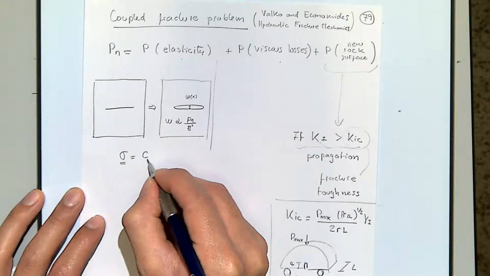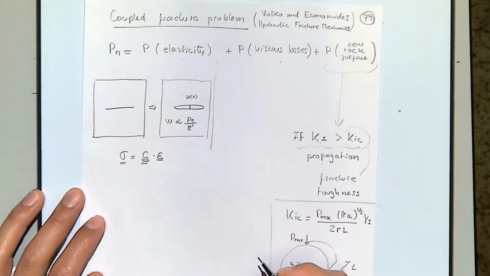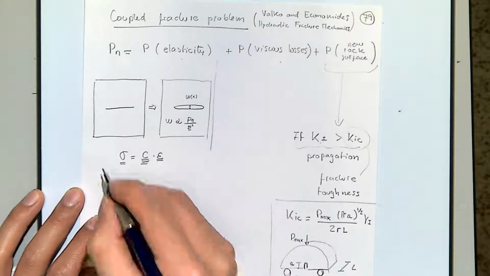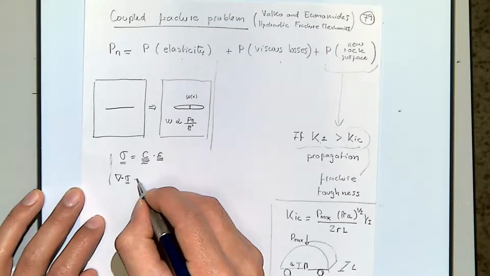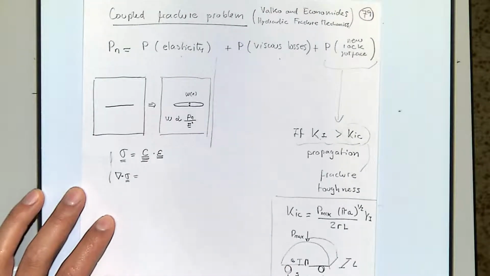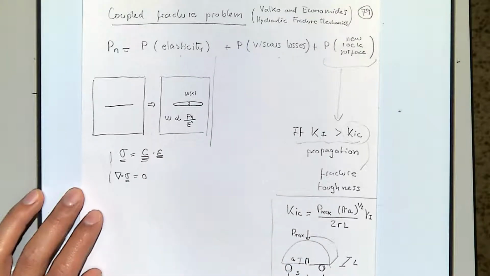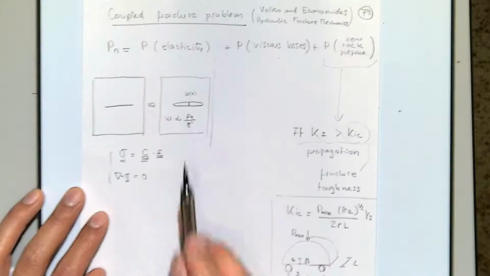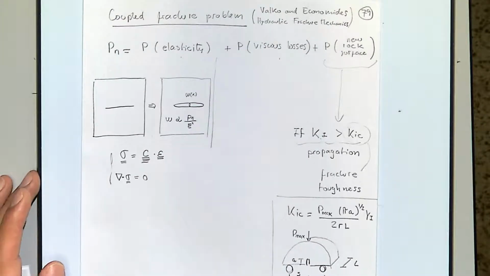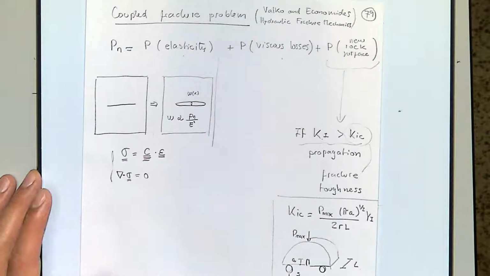You solve this equation together with Cauchy's equation, and you don't have gravity, then that's going to be equal to 0. And the kinematic equations is all of that, and you will be able to predict that width. This is a relatively simple problem. It's just deformation. But you know how to solve this, and you're going to do it.